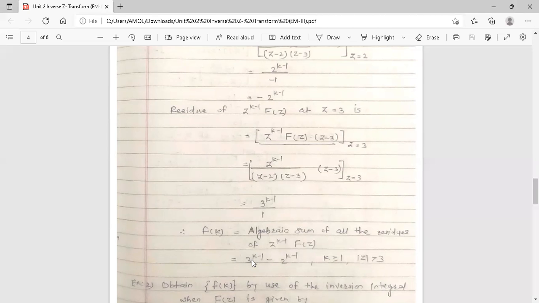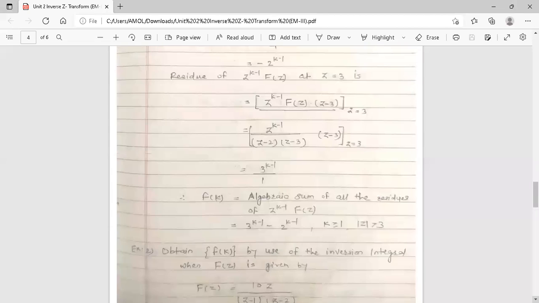The algebraic sum of all the residues of z raised to k minus 1 into f of z is minus 2 raised to k minus 1 plus 3 raised to k minus 1, where k is greater than or equal to 1, mod z is greater than 3. We need to write the condition because the condition of z is not given. If it is given, no need to write, because in partial fractions we write the conditions of z as well as the conditions of k.